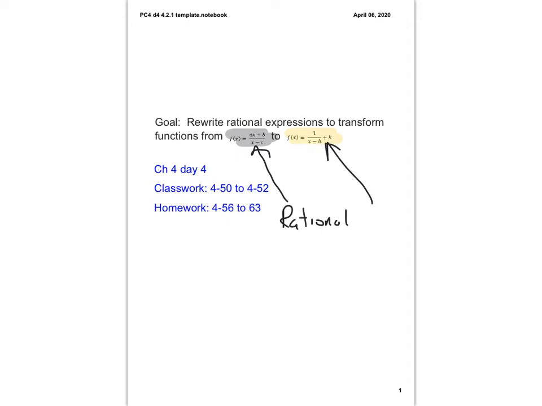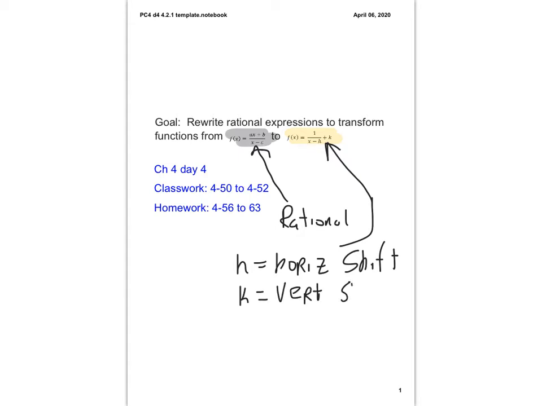If we write it into a transformed expression, we know from our previous work that the h is going to represent a horizontal shift and the k is going to represent a vertical shift. So we want to keep those things in mind as we go through this lesson.